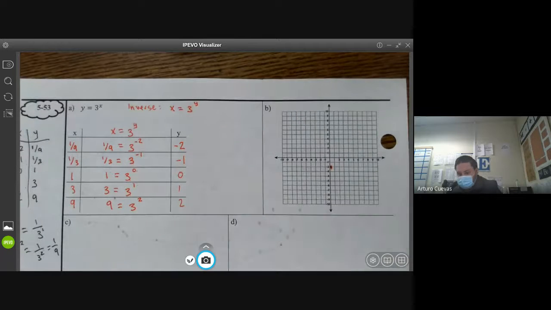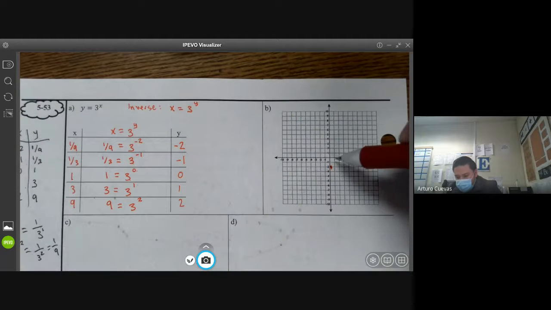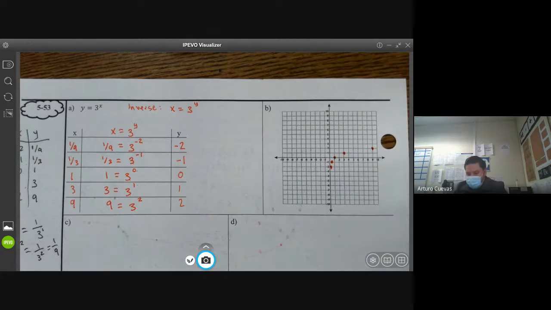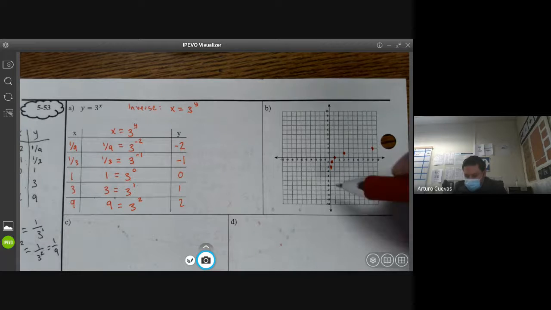Okay. So when x is 1/3, which is still small, y is -1. When x is 1, y is 0. When x is 3, y is 1. And when x is 9, y is 2. And that's what your graph looks like.